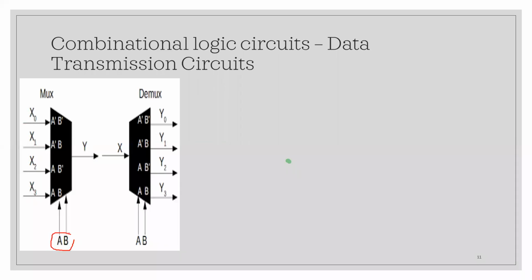Based on these select lines, if it is 0 0, X0 is selected and that information comes on Y. If it is 1 1, X3 is selected and that information comes on Y. That is the single channel, and that is being transmitted to the other end.